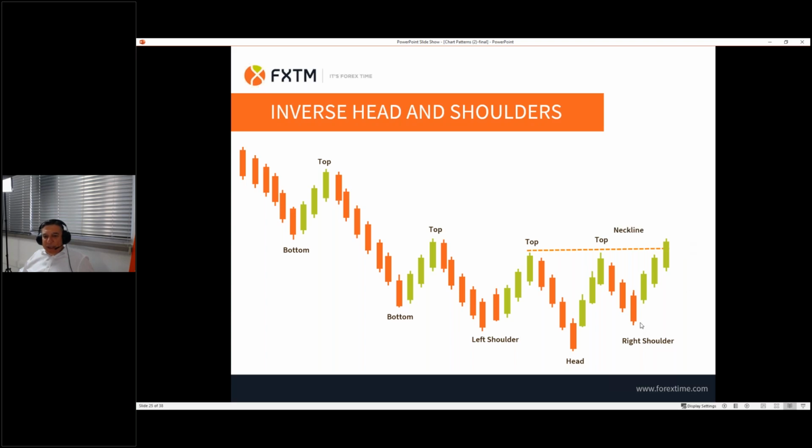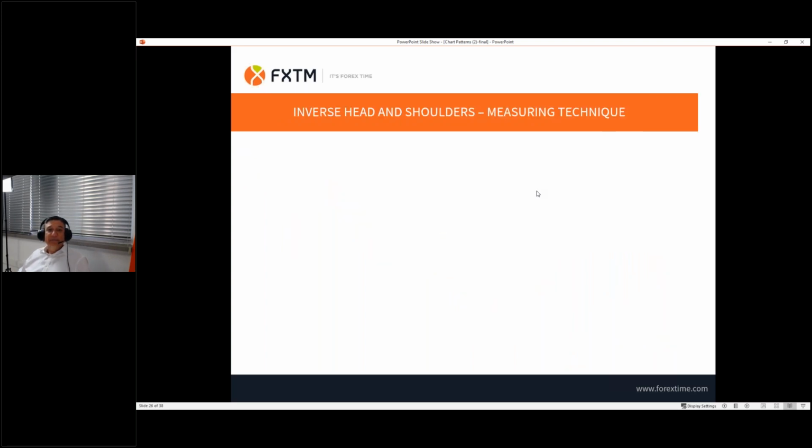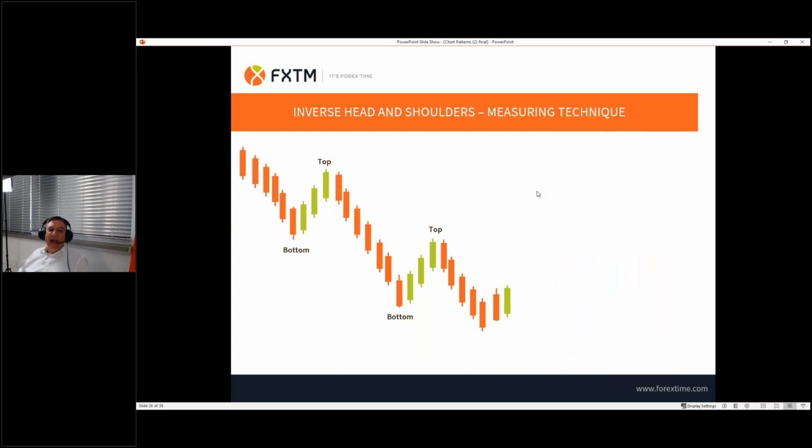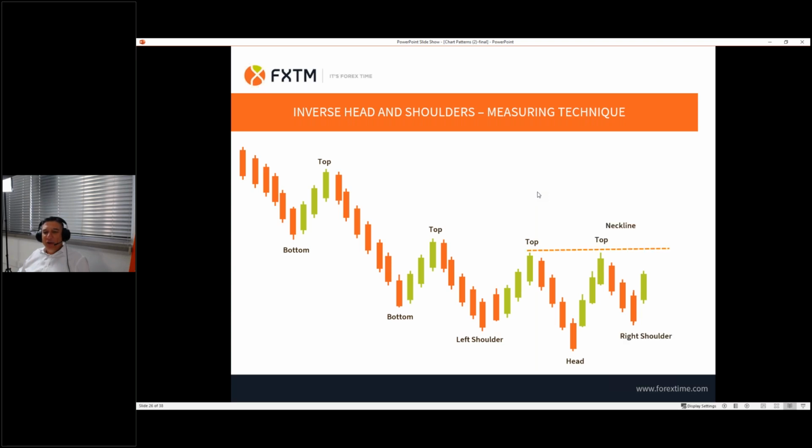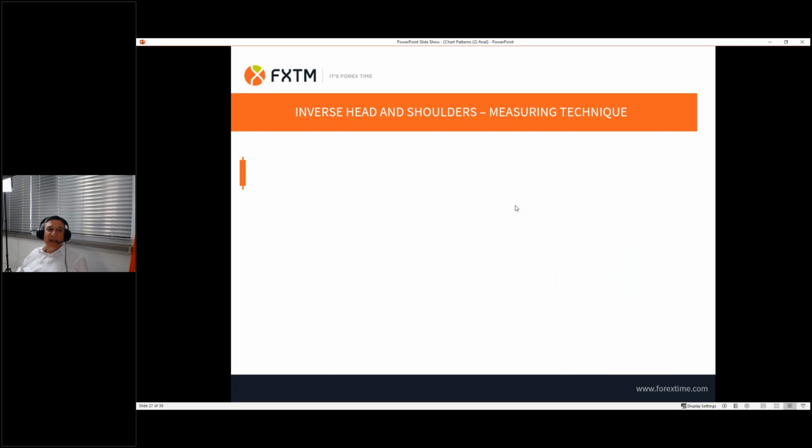And of course, we have to place here, just below the right shoulder, a protective stop loss. Measuring technique, absolutely right, all of you. We take the height of this pattern and we project it at the breakout level. That's it. That's the minimum. Very good.